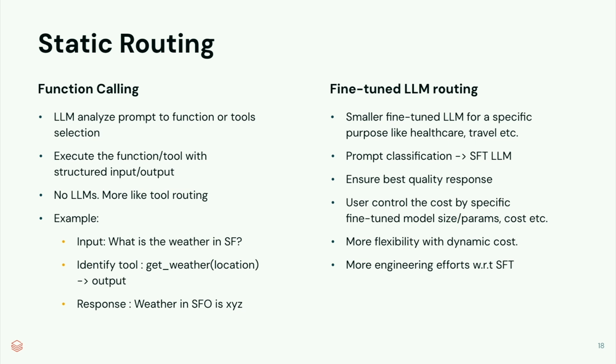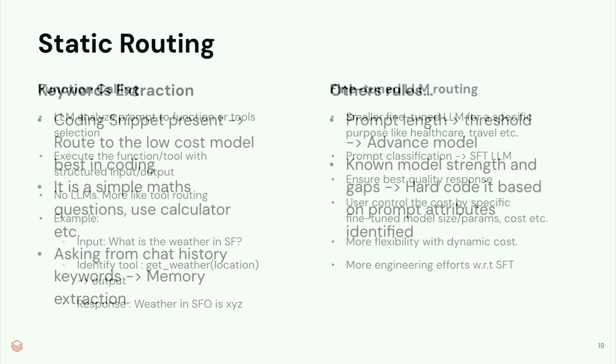Similar to that, if you have a fine-tuned model in your organization, basically you are understanding, okay, this query belongs to a particular aspect and there are already models that I've tuned within my organization, and it's a no-brainer to route the query to that. That's where the fine-tuned model would give the highest performance, and it's a very static and simple routing.